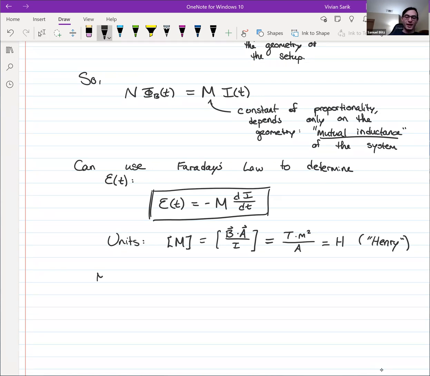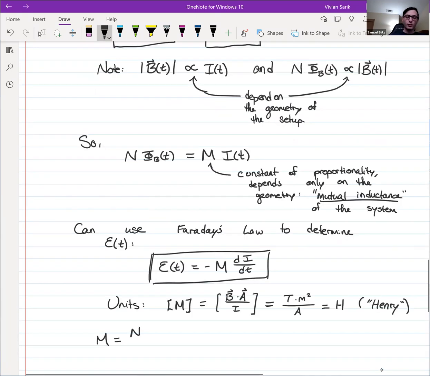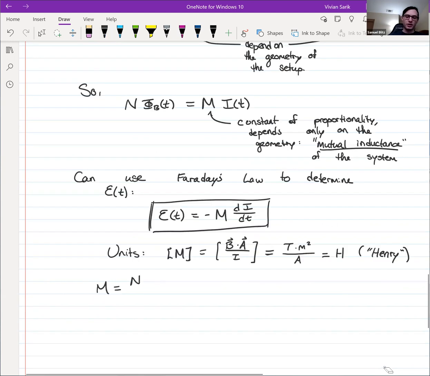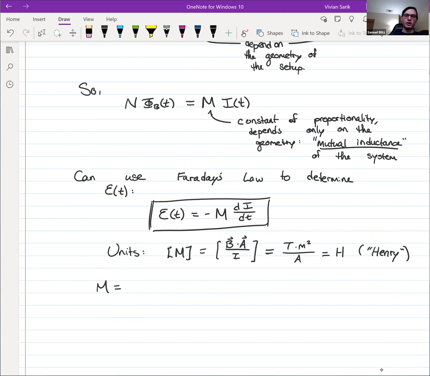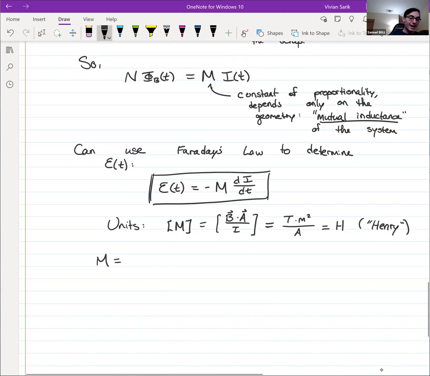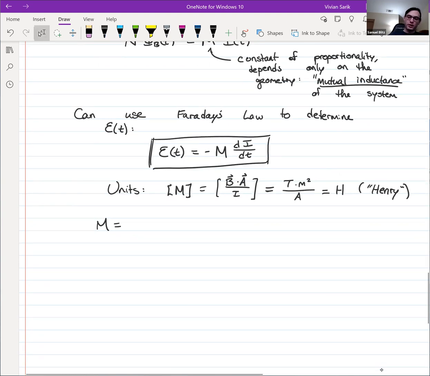So the point is that M, which we've defined here as N times, and I'm gonna use labels now. So I'm gonna call this one 2 and this one 1, just for clarity. M we defined as N2 phi 2 divided by I1.